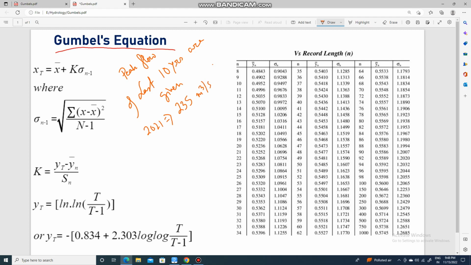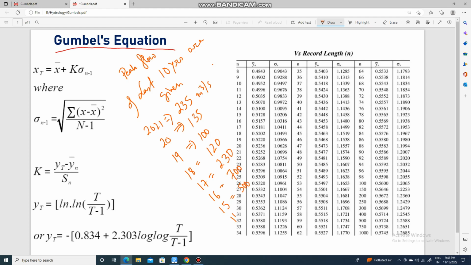In 2020, the peak flow was 135 meter cube per second. In 2019, it was 100. In 2018, it was again 120. In 2017, it was 230. These are all arbitrary values for demonstration only. For 2016, it is 700. In 2015, it is 500.